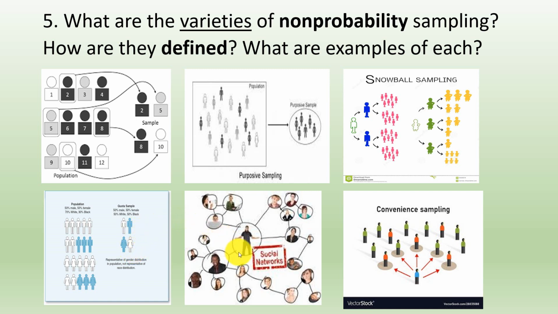How about this one? Key informants. This is where you have somebody who's connected to a much larger population and being able to know a lot about a specific population. You can see here you have someone who's connected to a lot of different circles. This person in the middle might be a key informant. This person as well.